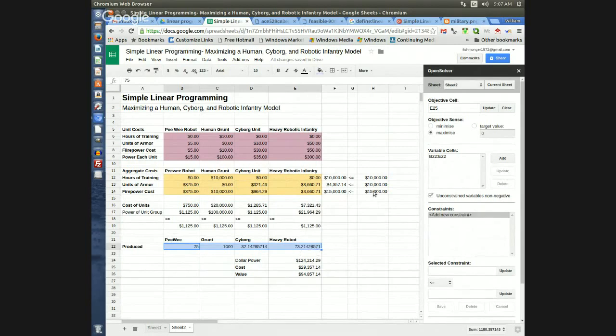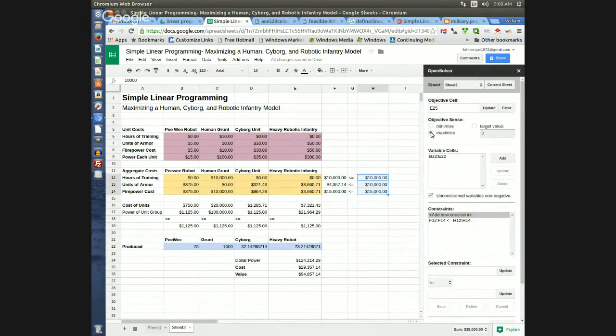And then the rest of it's dependent. So the constraint I'm going to bring is here. Add new constraint. Okay, and I'm going to update that. So F12 to F14 has to be less than or equal to H12 to H14, right? For example, I'm going to save that.